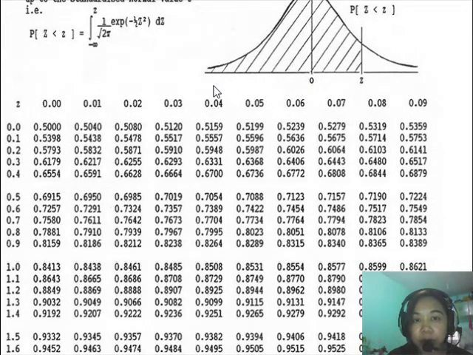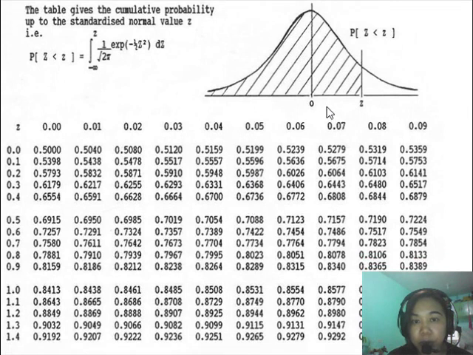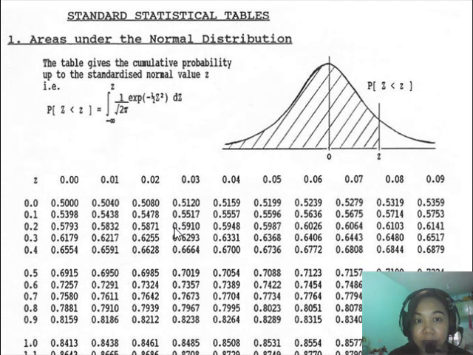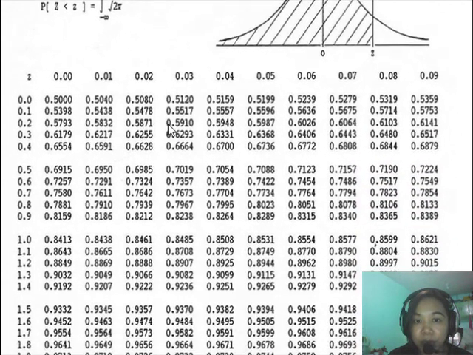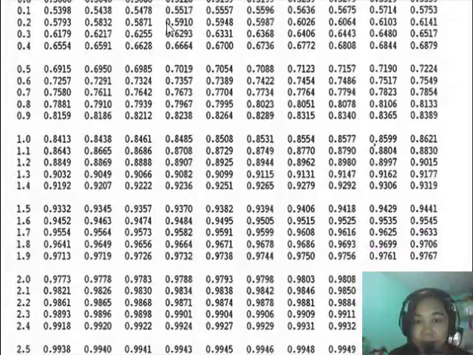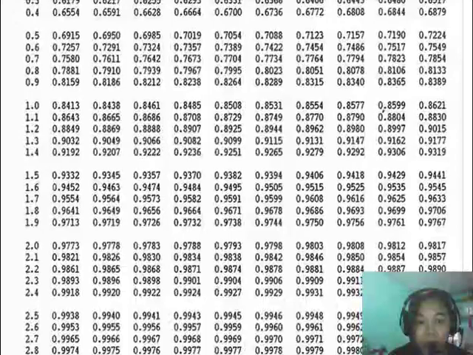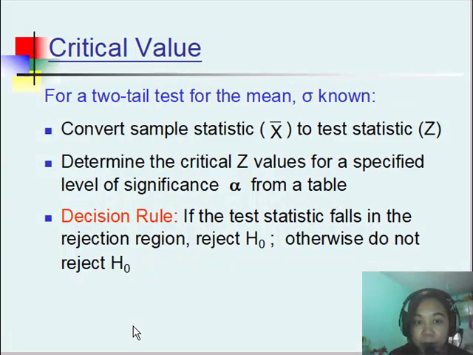When you convert your sample statistic x bar to the standard normal curve, then your mu becomes 0, or the value of your mean becomes 0 if it is standardized normal. So this is what the z-table looks like, or the area under the normal curve distribution. You are already familiar with this. It was already introduced in the previous lesson. We go back to our lesson.